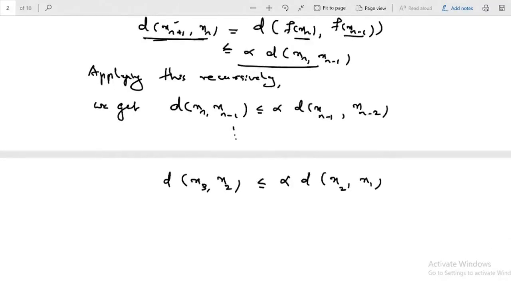Then we can connect this d of xn plus 1, xn with d of x2, x1.